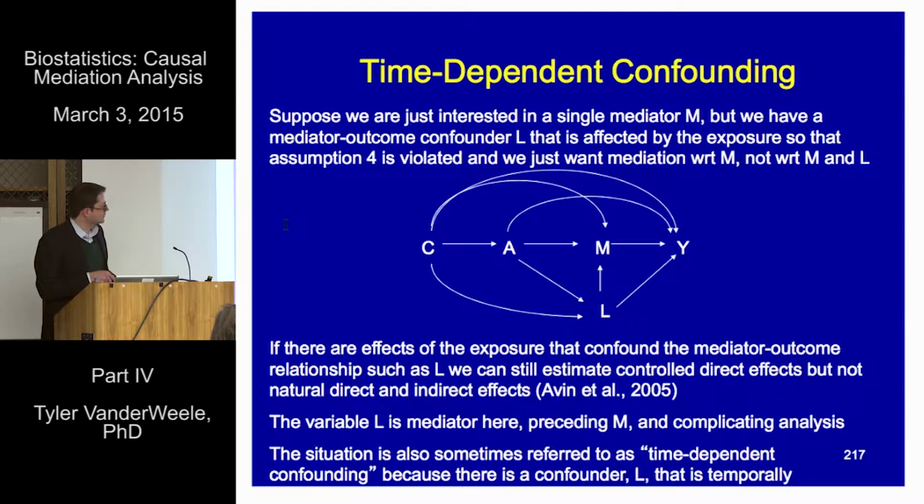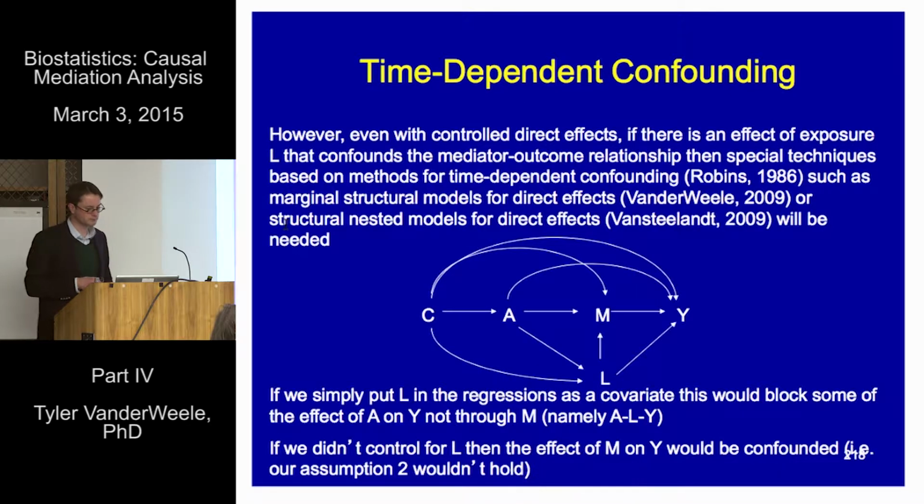This setting is sometimes referred to as one of time-dependent confounding because the confounder L, which affects both the mediator and the outcome, is temporally after the exposure. So these issues arise not just in the context of mediation analysis, but also in the context of time-varying exposures. But the issues are pretty similar within the context of mediation.